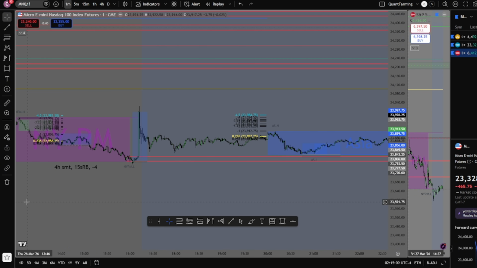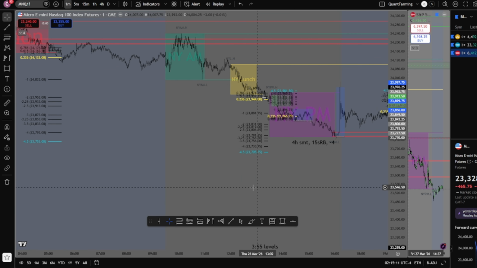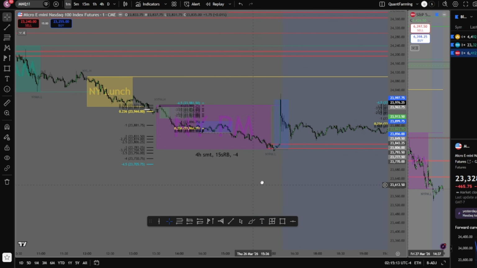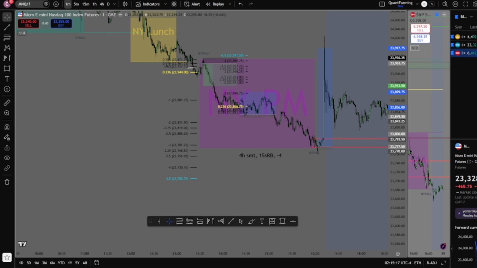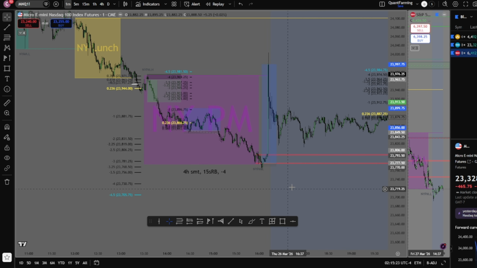Why is this important? This is important because when you have a risk model that calls for a tight stop loss, like a 10, 12.5, 7 point stop loss, you're going to need to be pretty precise with these entries.